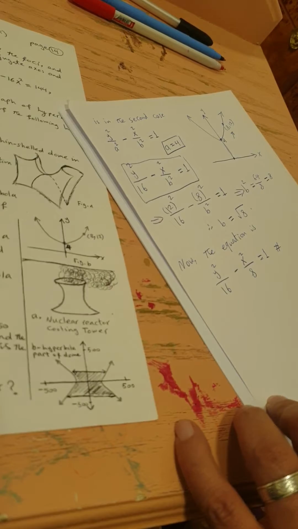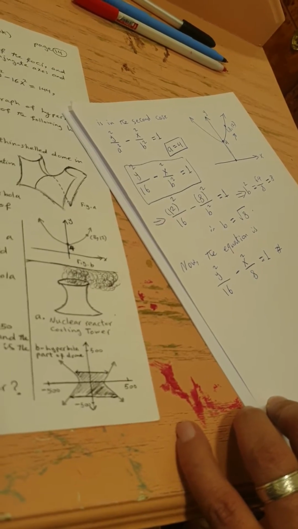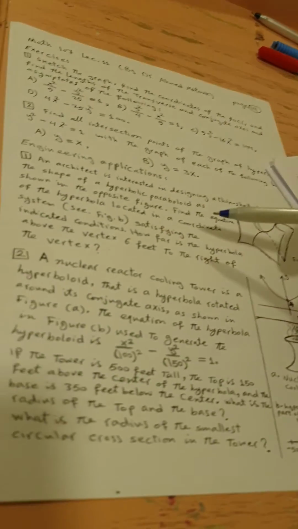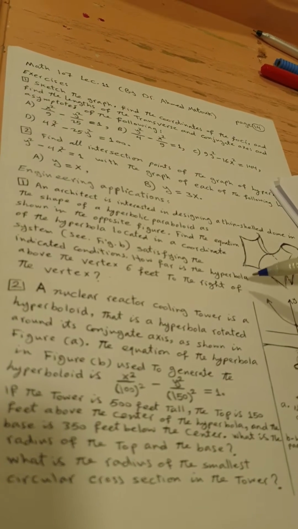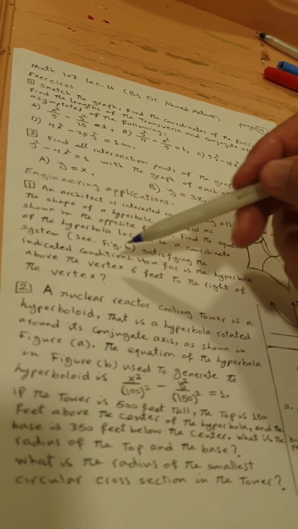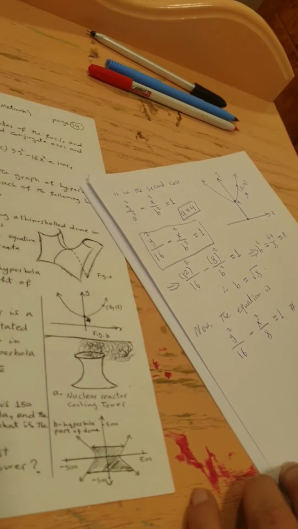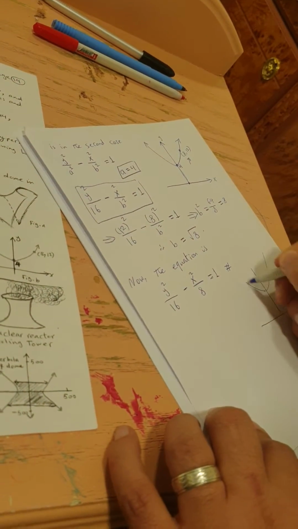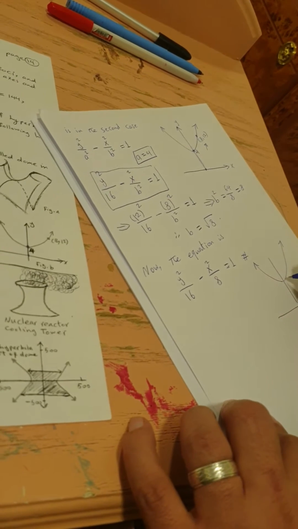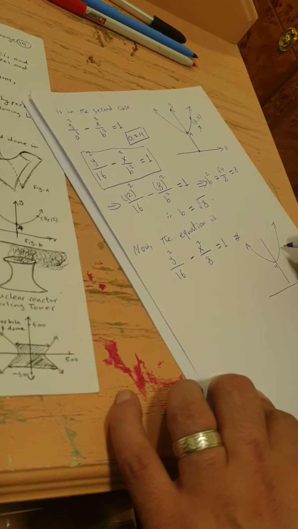In the second part, he wants to know how far the hyperbola is above the vertex, 6 feet to the right. In the same way, we can graph this hyperbolic section again. This is 4.